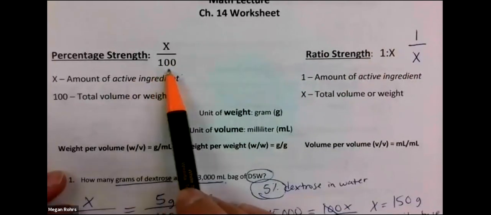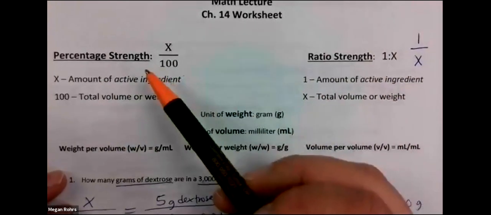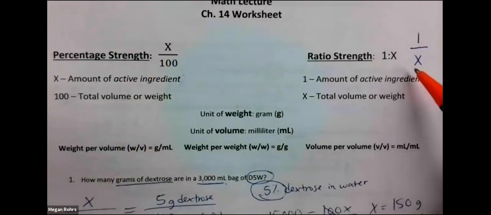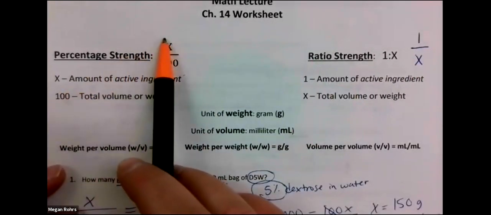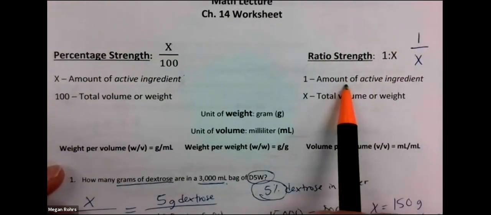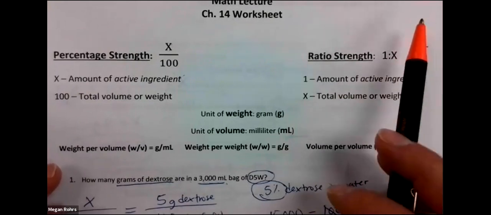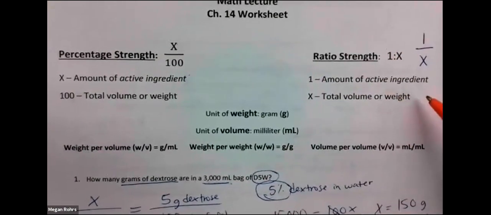We still have our total volume on the bottom here, okay? But our x has switched places now. Remember, percentage strength, our x is our active. Ratio strength, our 1 is our active. And that's just because there's very little amount of active ingredient in the total volume or weight here.